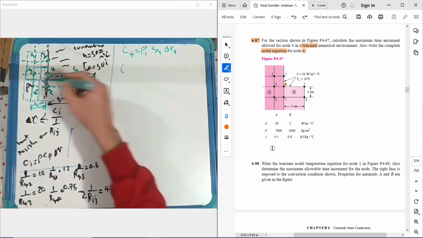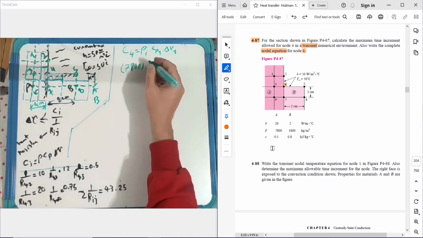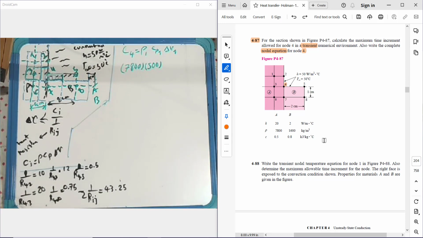Okay, for material A, 7,800 multiplied by 500 CP. As you can see, here CP is 0.5 multiplied by 1000, which would be 500 joule per kilogram.